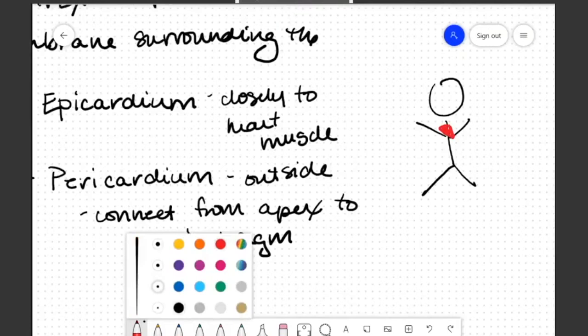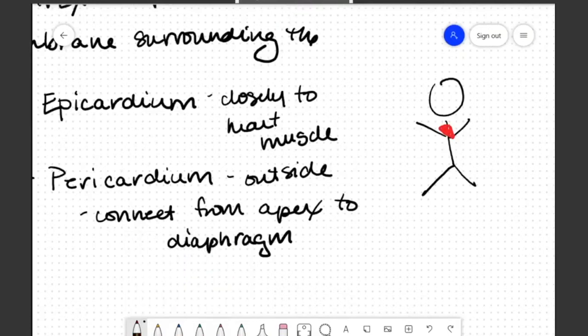And then the diaphragm is going to be the structure that we're going to learn about in the respiratory system that sits here and is a curved shape structure. And the outside layer of your pericardium will actually attach to this diaphragm and will keep those two structures close together. So you have 2 membranes surrounding your heart. You'll have your epicardium and you will have your pericardium.